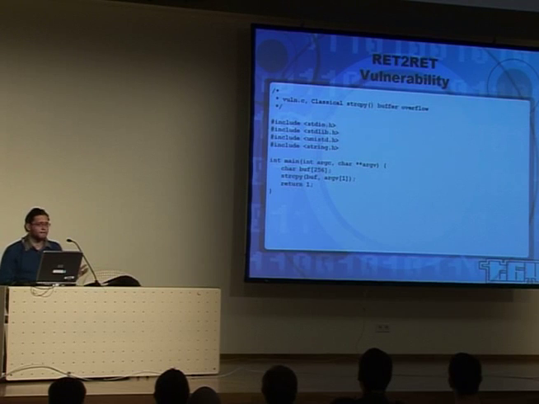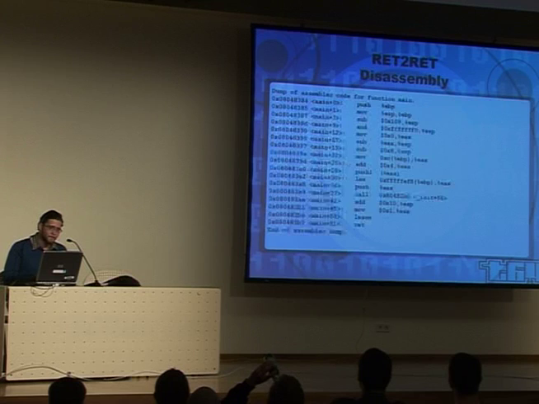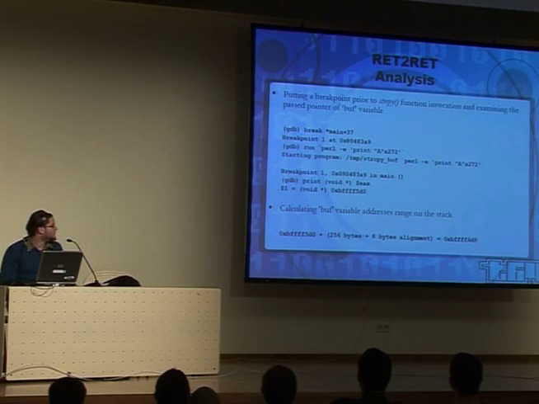So here we have the vulnerability. It's a very classical buffer overflow. We will start by disassembling the program. So after we disassemble it, we can just put a breakpoint before str copy, so we can have the idea of which is the buffer variable address space on that stack.